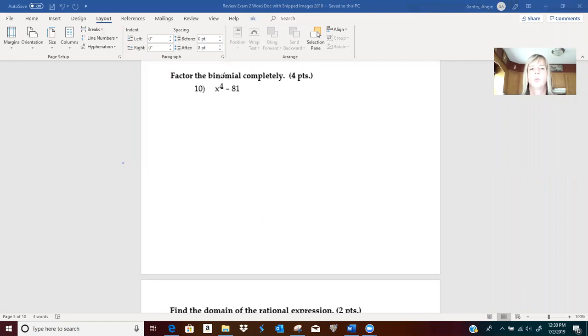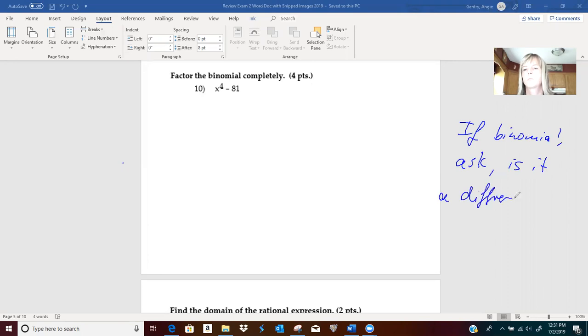So when you have a binomial, you're going to ask, is it a difference of squares? And that means it needs to be a difference, meaning a minus sign, and then it needs to be something squared and something squared.